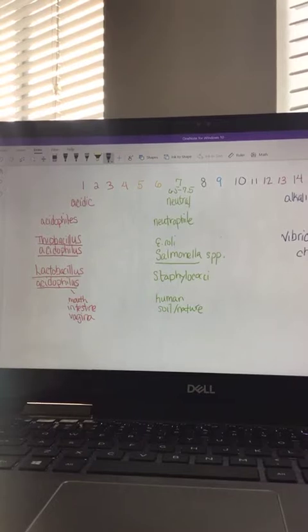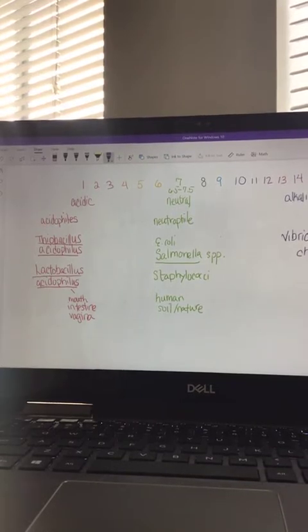You can get cholera from contaminated water, and that contaminant is feces. So if there is feces in the water, your water is contaminated and people can get sick.